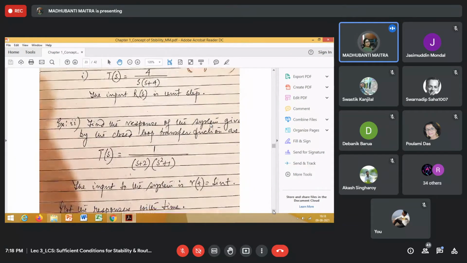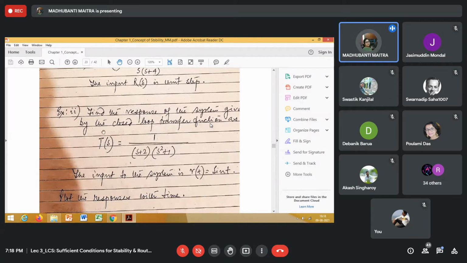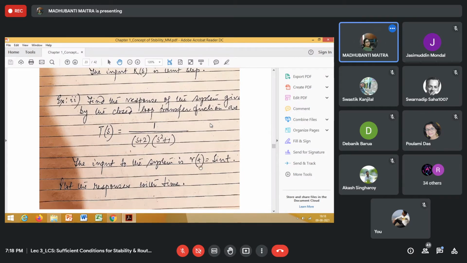Similarly, please try to solve this simple example. We have taken another system having a closed loop transfer function 1 by (s square plus 1) into (s plus 2). So it has a simple, non-repeated complex conjugate pole pair on the imaginary axis, right? If we excite this system with an input r(t) that is sin t, then R(s) will be 1 by s square plus 1, yes or no?